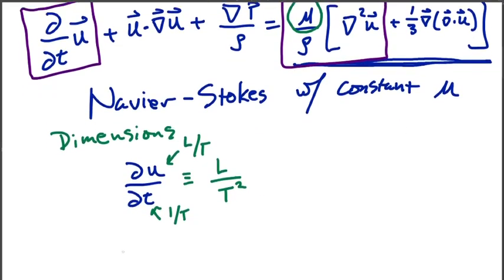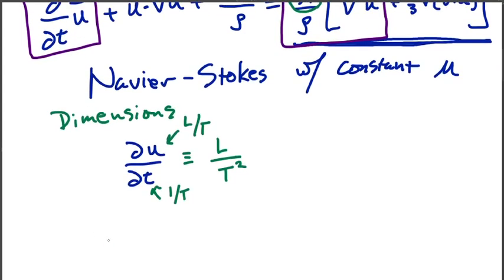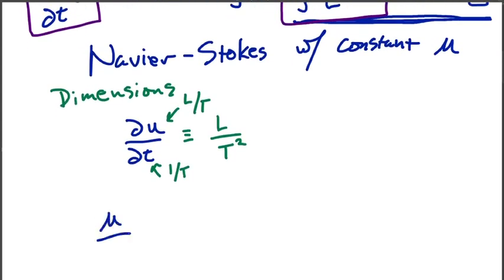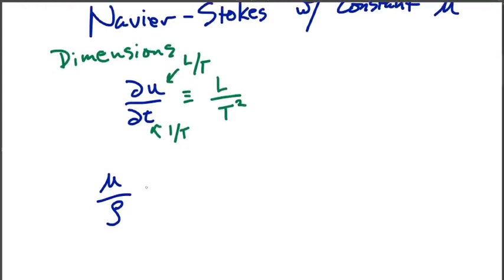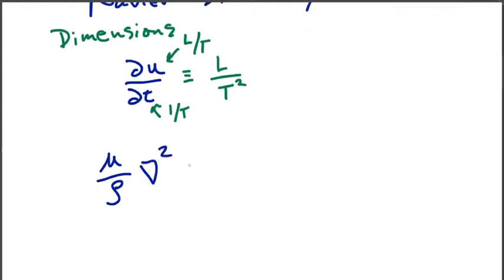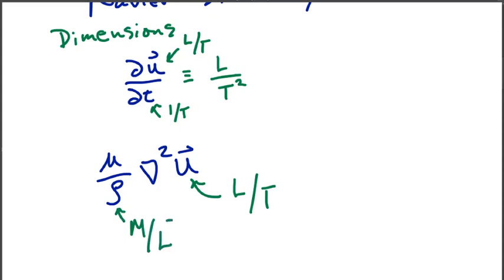We're comparing this to mu over rho, operating on the Laplacian of u. So what are the dimensions of this term? Well, our velocity has dimensions of length per time. And our density is like a mass per length cubed. What about our gradient here?